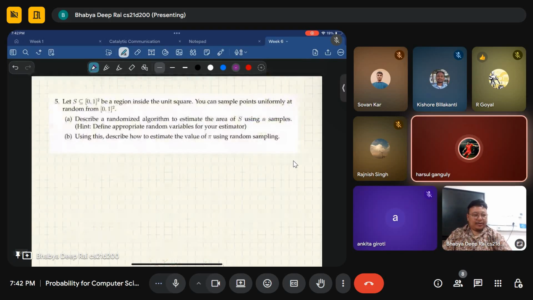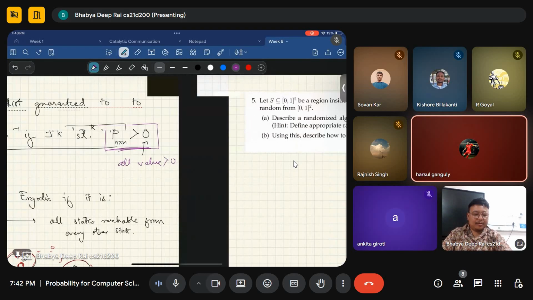Could you now show the shortcut theorem for once? Can you show the shortcut theorem? Sure.